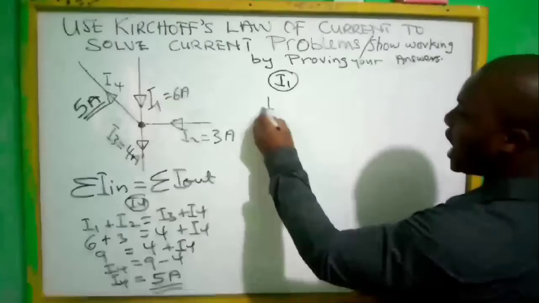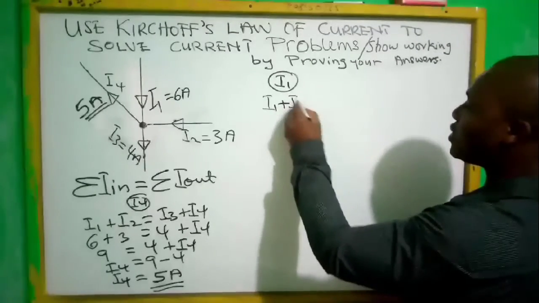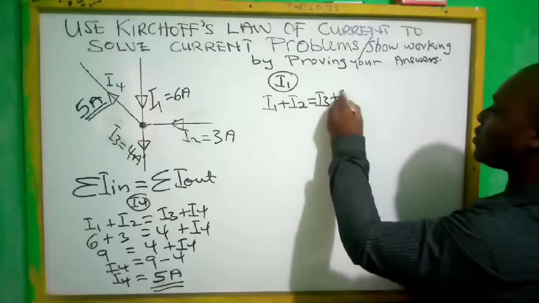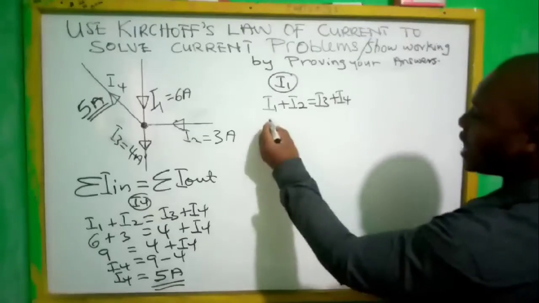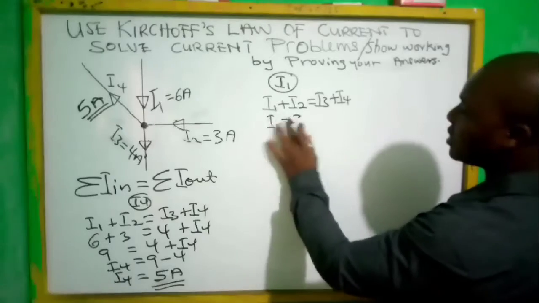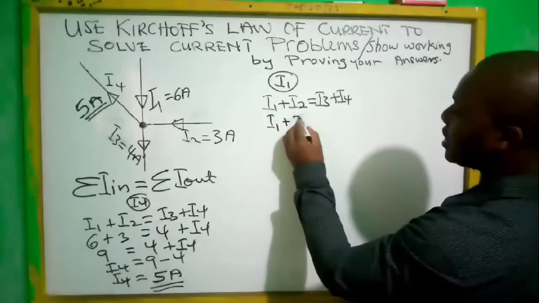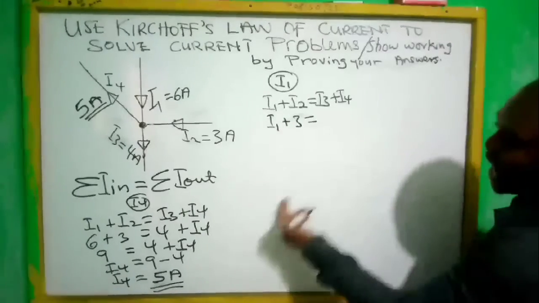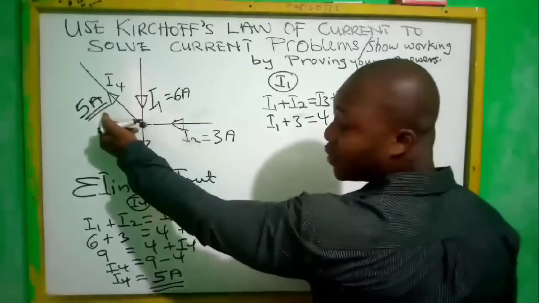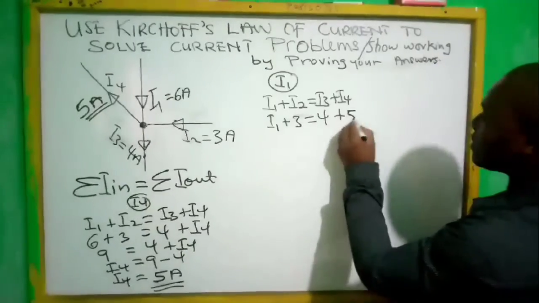So let's put the formula: I1 plus I2 is equal to I3 plus I4. So I1 is unknown. I2 is 3, plus 3 is equal to I3, which is 4, and I4, which we now have as 5.